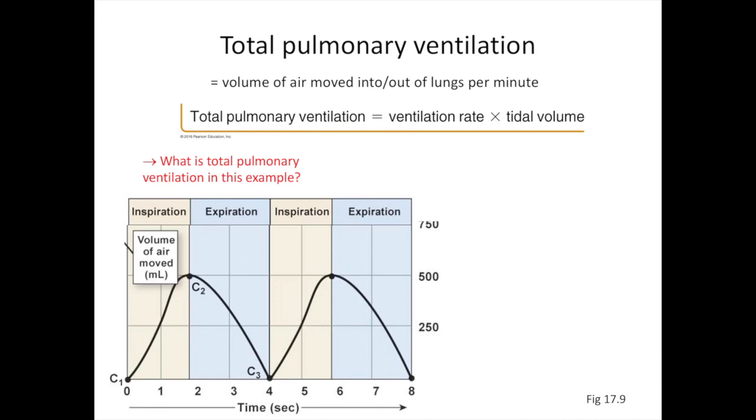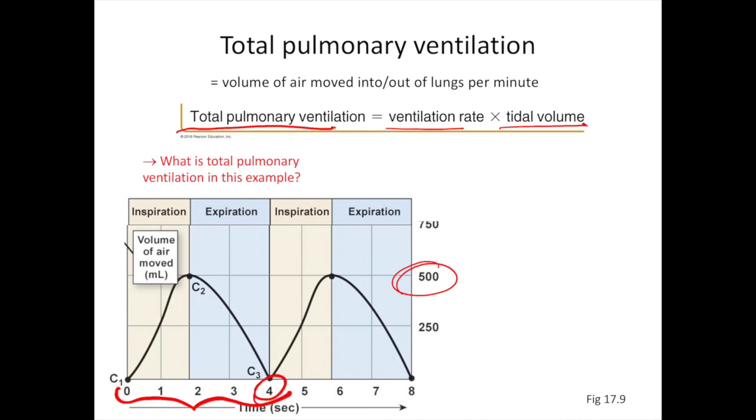Okay, so let's calculate total pulmonary ventilation in this example. Again, total pulmonary ventilation is equal to ventilation rate times tidal volume. We know that our tidal volume is 500 milliliters. To figure out our ventilation rate, we can look at this time scale, and we can see that one breath takes 4 seconds.